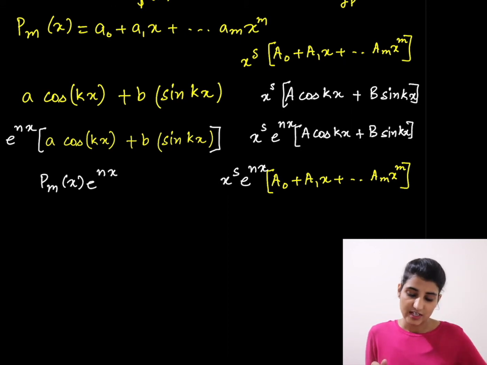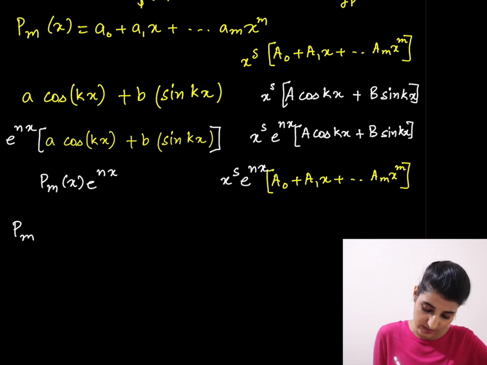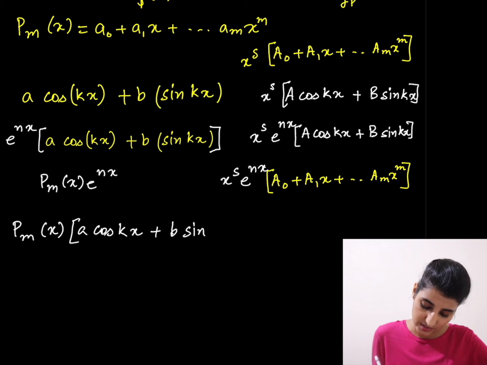So we saw the cases: polynomial, sine cosine, polynomial multiplied by e power nx, sine cosine multiplied by e power nx. Now we will see polynomial multiplied by cosine kx plus b times sine kx.